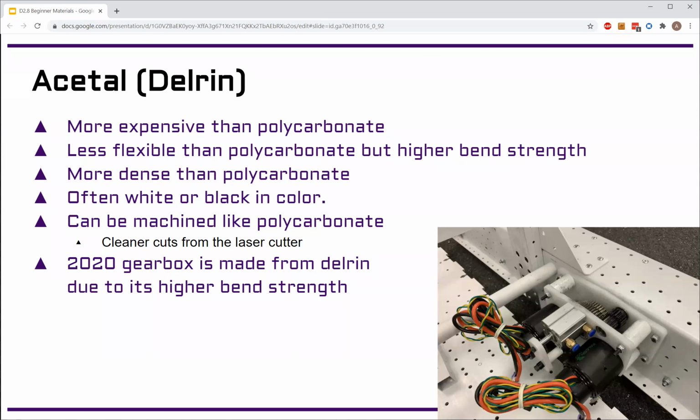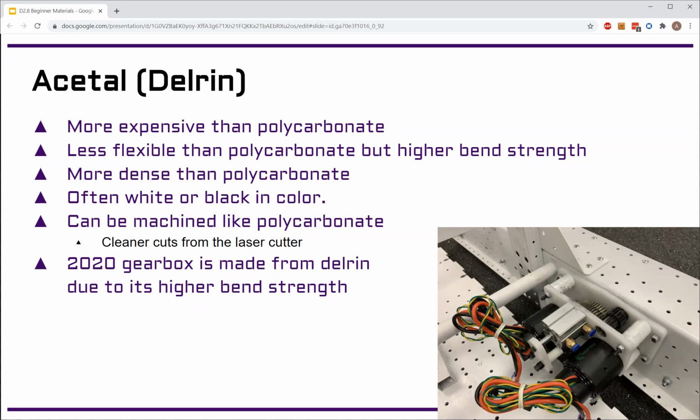So basically, it'll stay a nice flat sheet under more bending load than a piece of polycarbonate of the same thickness. It's a little bit more dense than polycarbonate, so it's slightly heavier. It's often sold in white or black sheet, so it's easy for us to get white, so it matches the rest of our robot, which is another convenient reason for us.